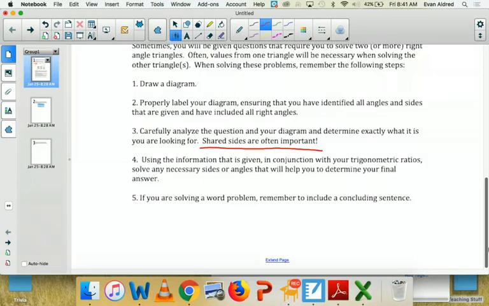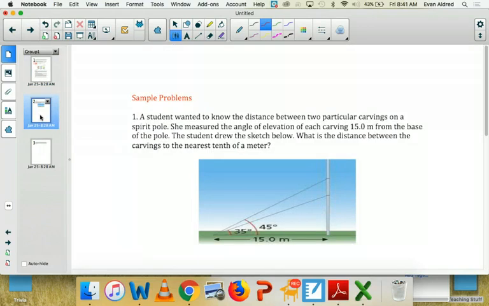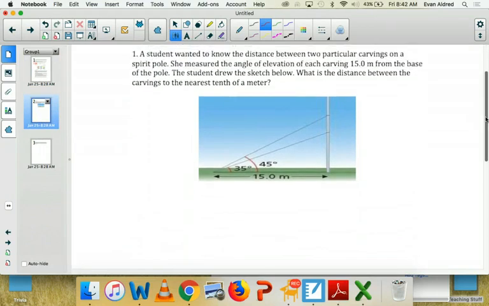So you may use cosine and tangent in the same problem. It will depend on the question. It will depend on the triangles you've drawn. Step number 5 is something that's applied since day 1. If you're solving a word problem, you end with a concluding sentence. And hopefully you remember that, and you're doing that just naturally at this point.